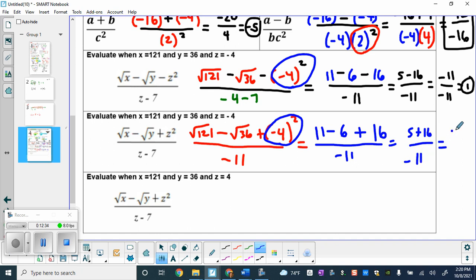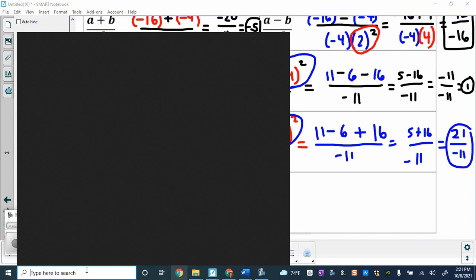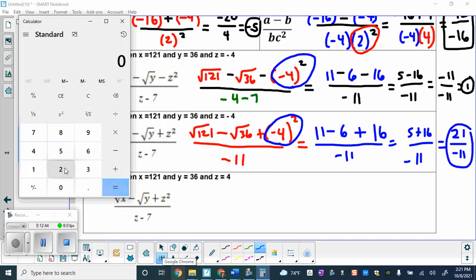So that could happen. And then you've got a 21 over a negative 11. This is already reduced. There's no number that will go into both of those. And let's just see in the calculator what happens. If I do a 21 that's and then divide it by the 11 that's negative. Yeah, see, that's a really weird decimal, so I would just probably leave that fraction there, okay?